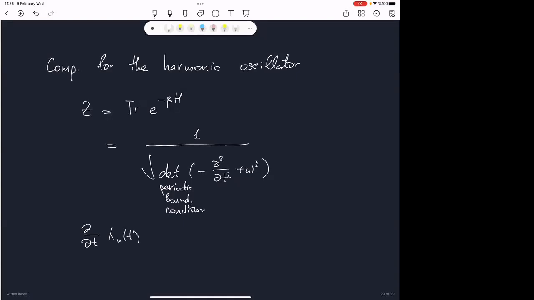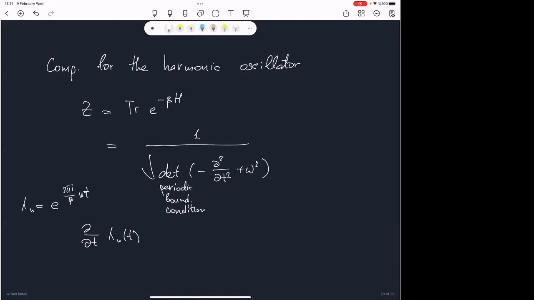Now, lambda n, what is that? Of course it's an exponential, because you take the derivative and you get the same function with lambda. So it's e to the 2 pi i over beta n t. It's easy to understand why it's beta: we have periodic boundary conditions, so you get the same function.